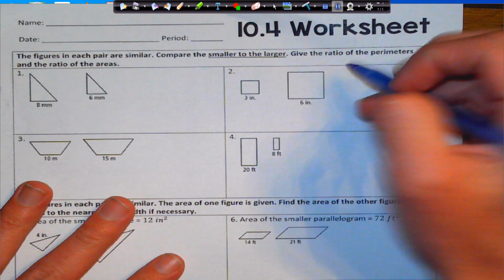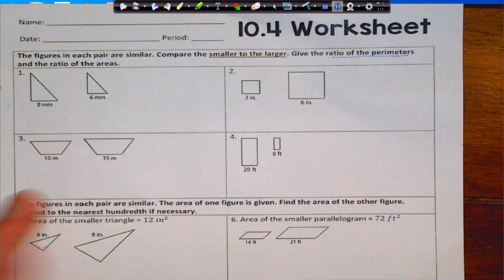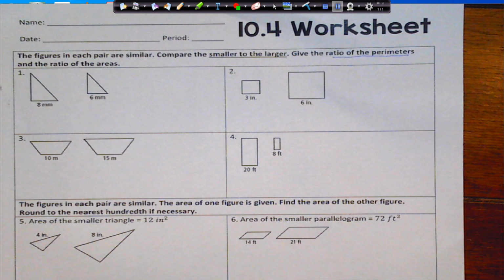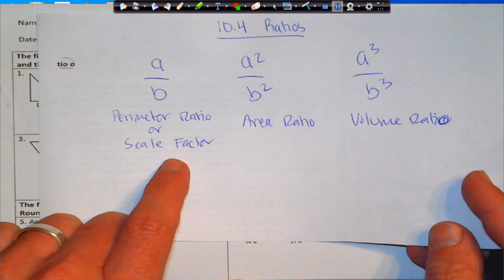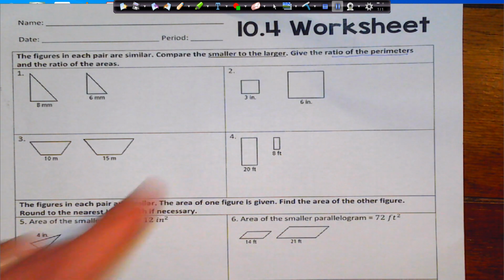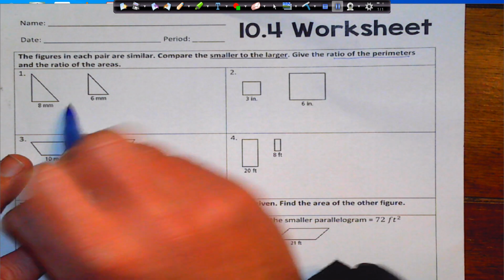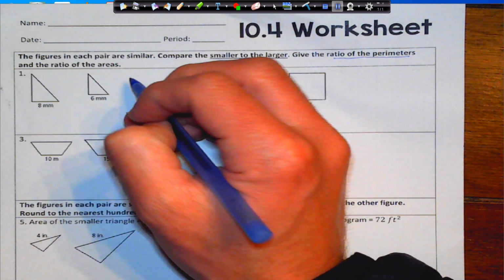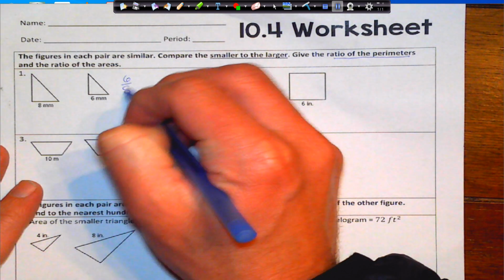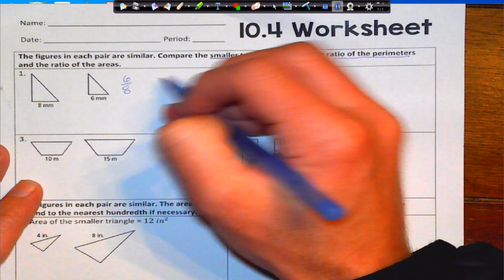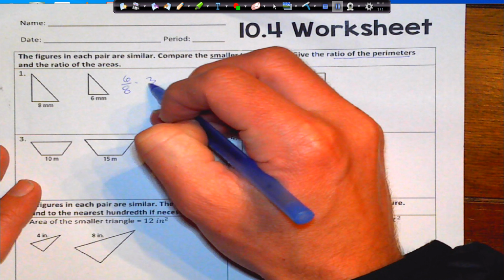When it says ratio of the perimeters, this is when we're talking about a to b, so really single dimension, and when it says area ratios, we're talking about 2 dimensions. So we're going to do both. We have 6 to 8, so we put 6 over 8, small to large. We simplify this to become 3 to 4.